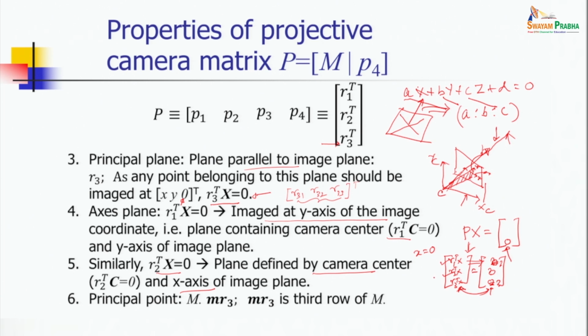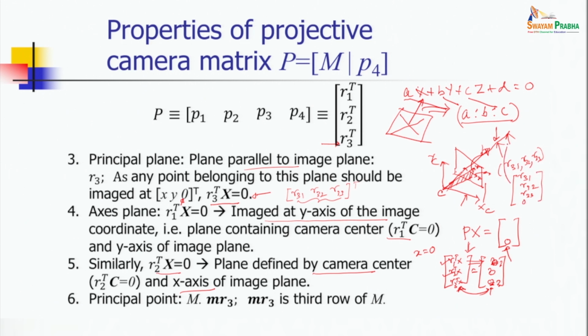The principal point is the vanishing point of the z axis, but it is not the world coordinate z axis which I consider. This is the principal axis. The direction ratio in this case was R31, R32, R33. This is the vector, so this point at infinity can be represented as R31, R32, R33, 0.